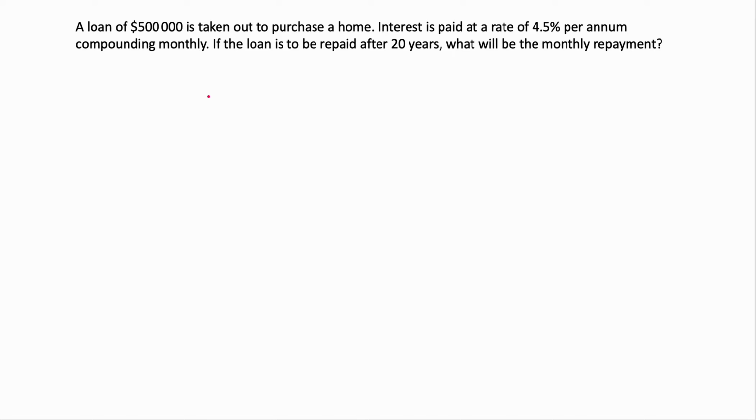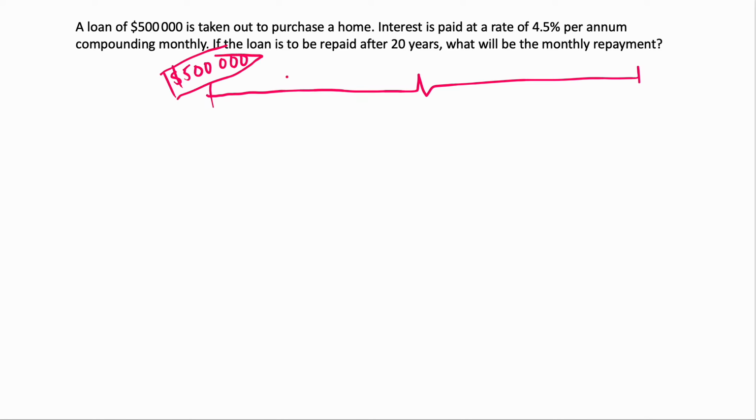So first of all, if we think of that on the timeline like I did on the previous slide, so thinking about our big lump sum of money is here at the beginning. The bank is going to give you that $500,000, and then you're going to make regular monthly payments in this case to repay that over time.